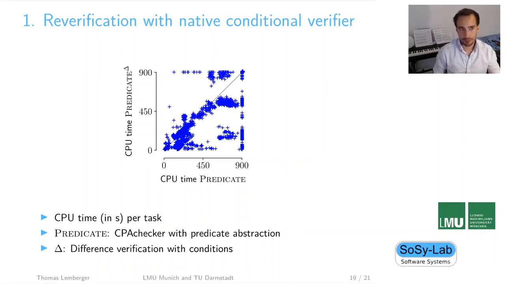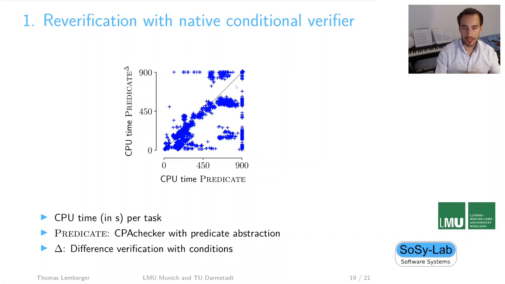When we perform re-verification with the native conditional verifier, we can see that difference verification with conditions yields a big benefit. So in the scatter plot, we see the CPU time per task that was taken by predicate analysis in CPAchecker and with difference verification. On the x-axis, you see the full re-verification of the program, and on the y-axis, the verification with difference verification that only verifies the changed part of the system.